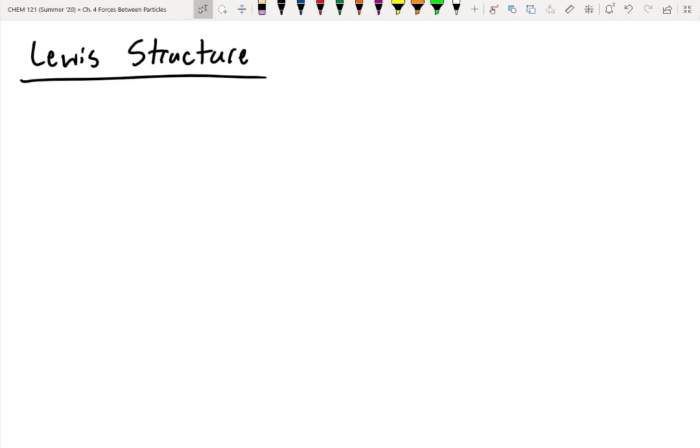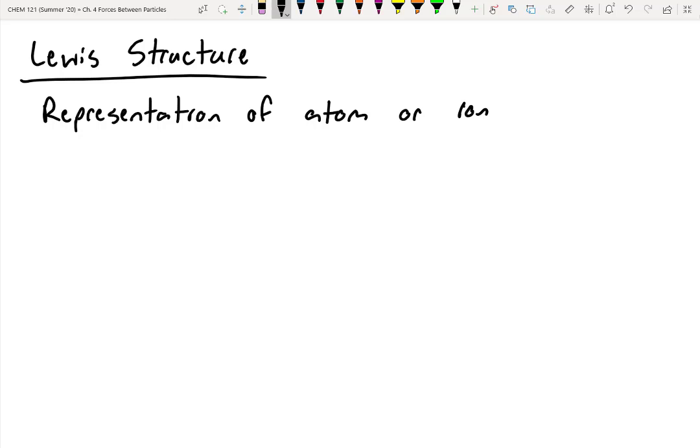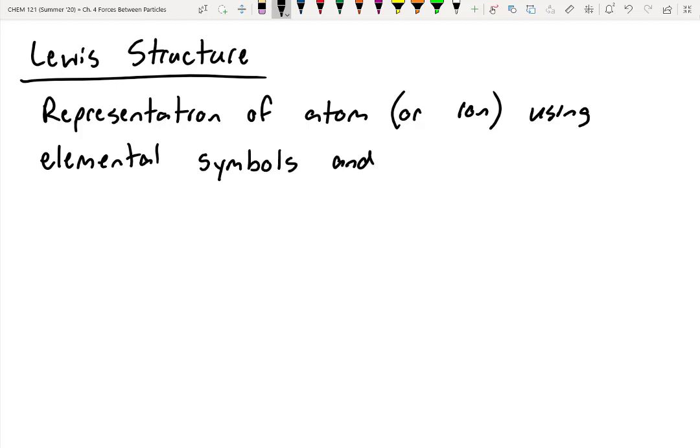But the idea with a Lewis structure is that you have a representation of an atom or ion using elemental symbols and dots representing valence electrons.